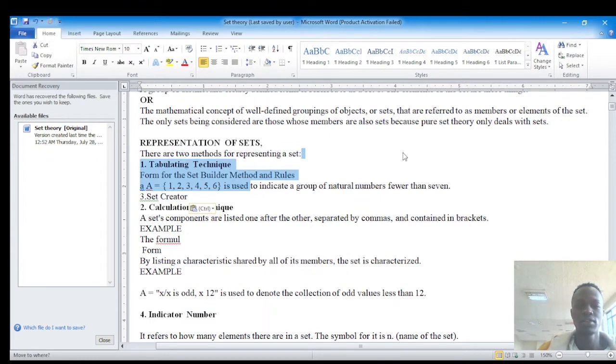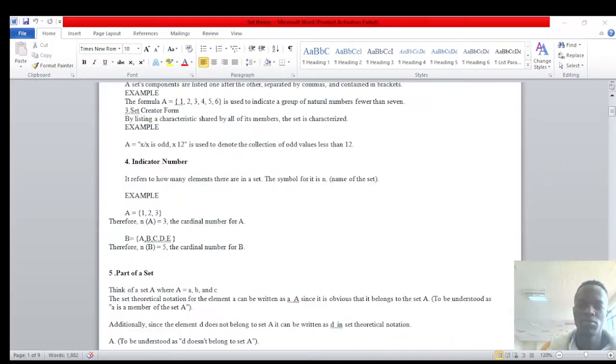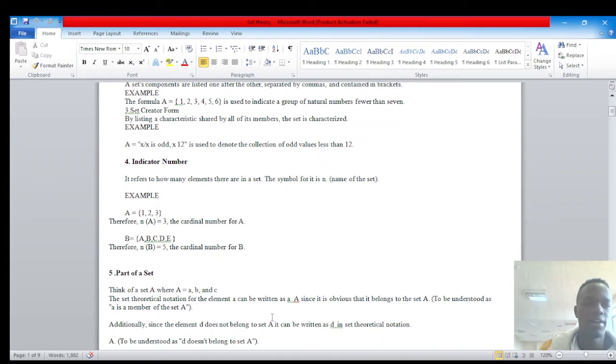Another term to understand is the set creator form, which lists a characteristic shared by all of its members, by which the set is characterized. For example, set A = {x : x is odd, x < 12} is used to denote the collection of odd values less than 12.